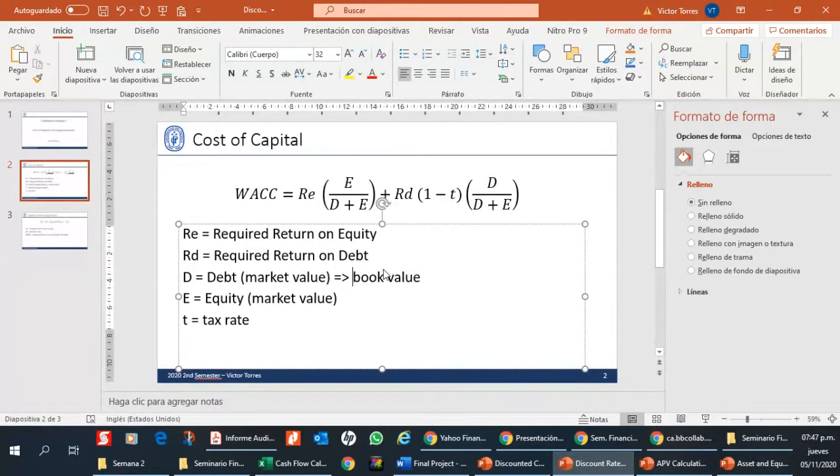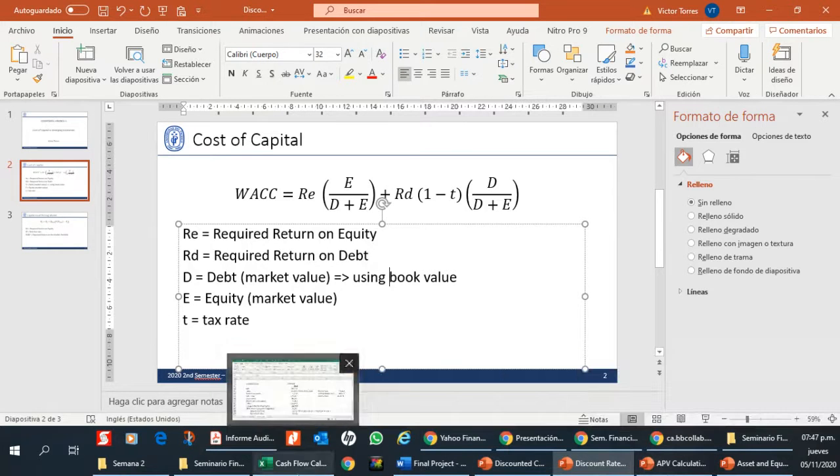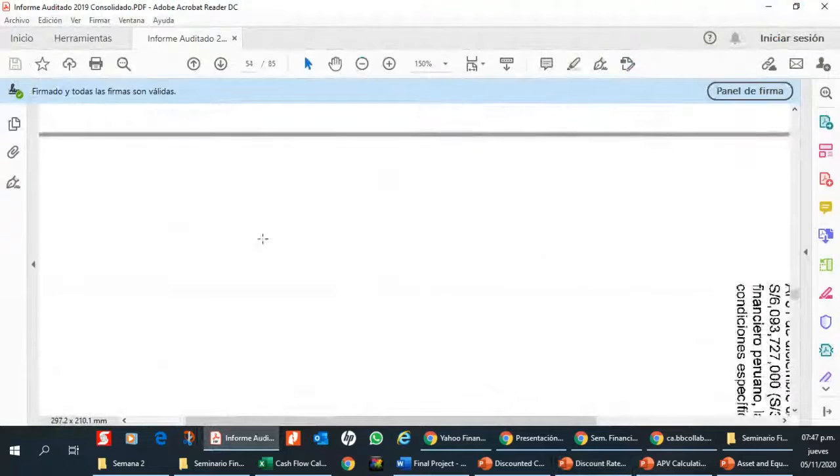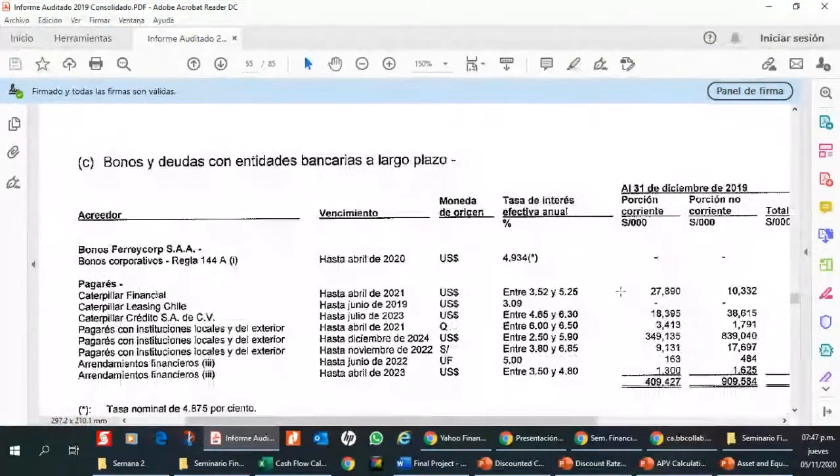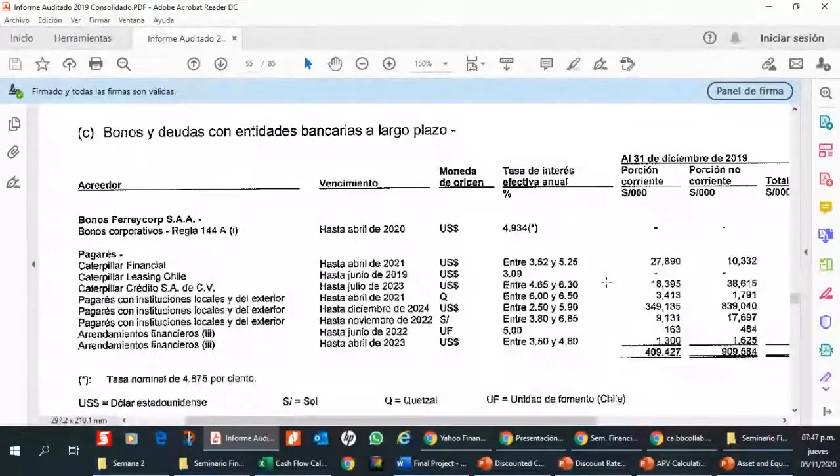in most companies, because as you're going to observe, in many developing economies such as ours, companies do not issue bonds that are actively traded in the market. This was a good example, where they had issued that bond in the US, but right now they no longer have it. And what about the companies that issue bonds locally, here in Peru? The problem is that our secondary market is highly illiquid.